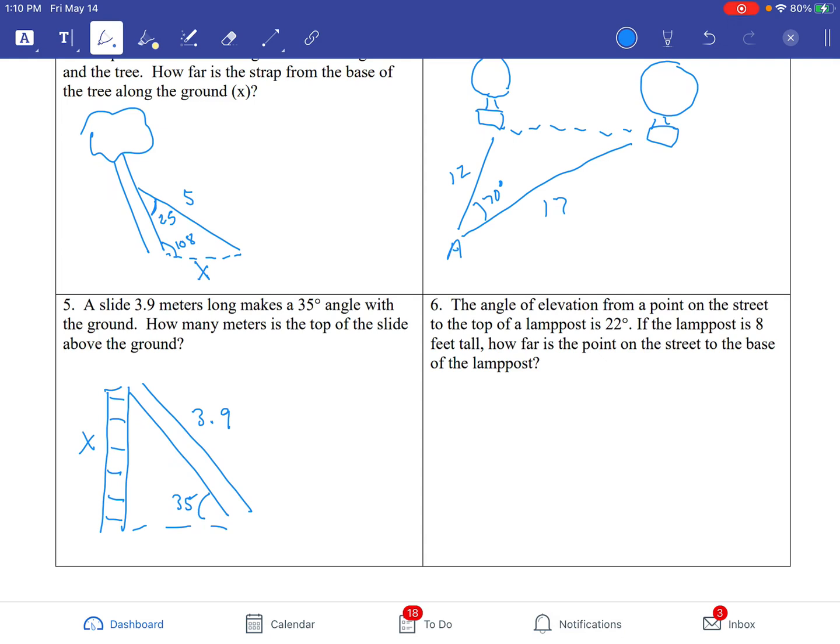All right, last one, 6. The angle of elevation from a point on the street to the top of a lamppost. So here's our street. Here's our lamppost. Oops.